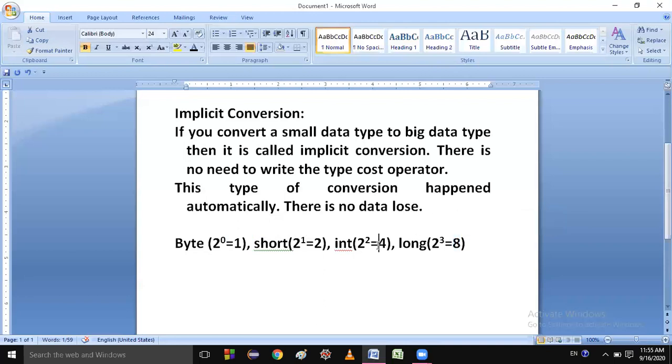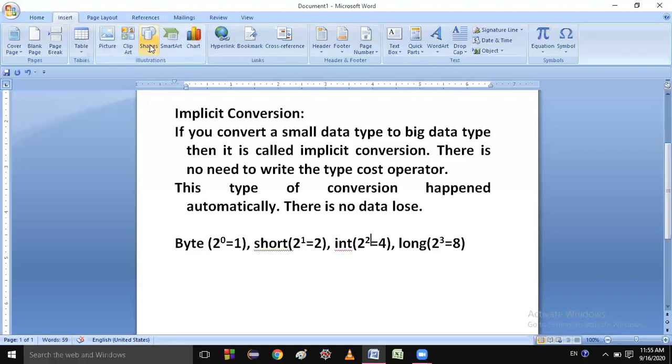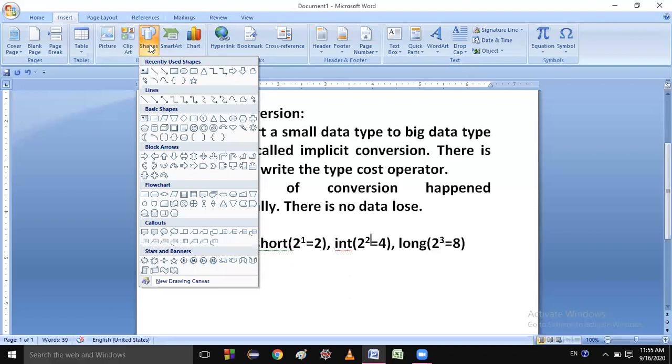So suppose I want to convert a short to int, that means I have a data type short and I want to convert it to integer. So can you say that we are converting a small data type to a big data type?